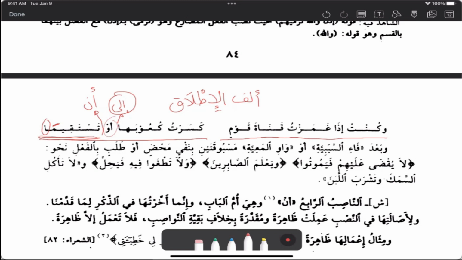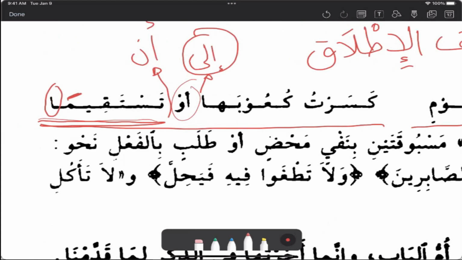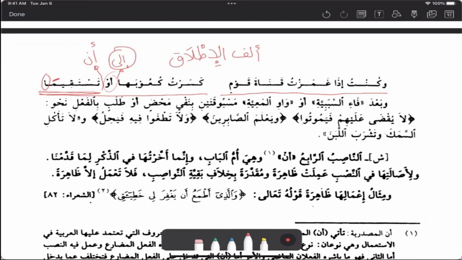So that alif could appear on the end of either one of those. It's just to keep the beat. That's called alif al-itlaq. So the meaning here is tastaqim, yani ila an tastaqima. We're still reading the text only, so he didn't explain yet.